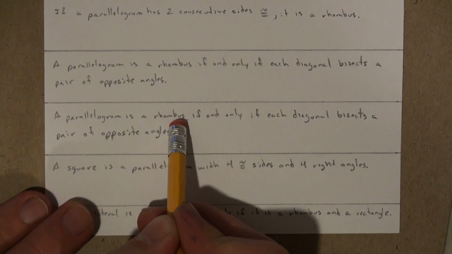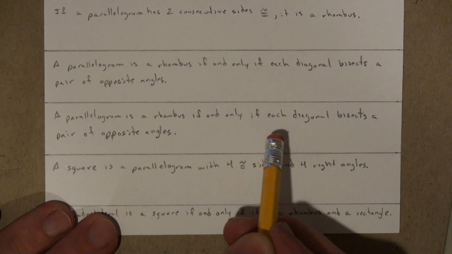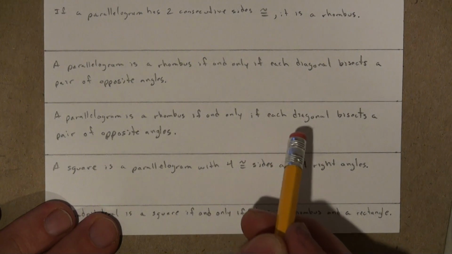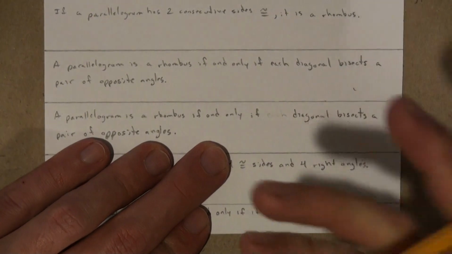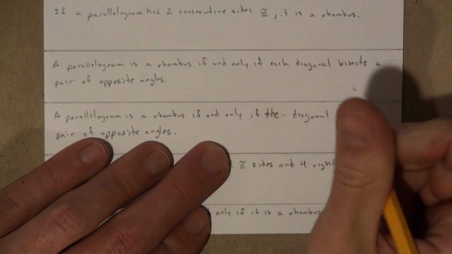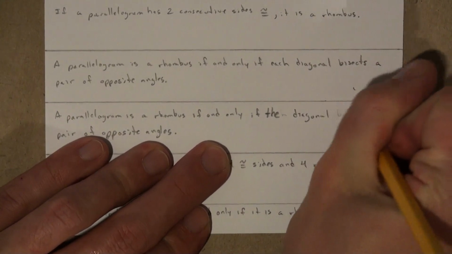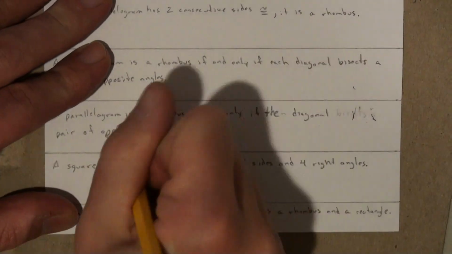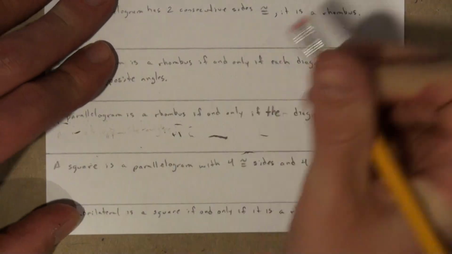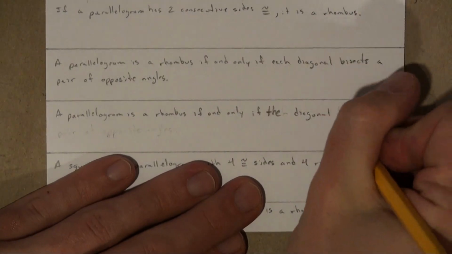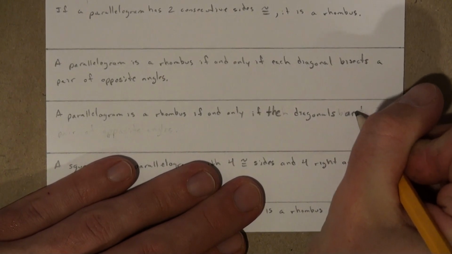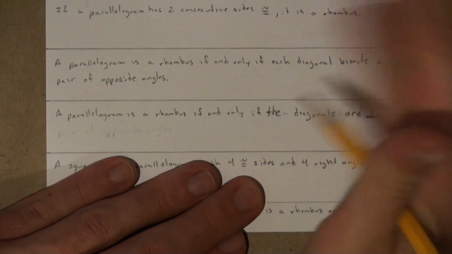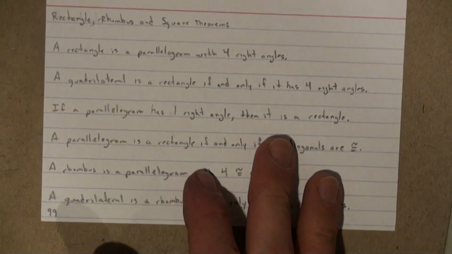So this third one should say a parallelogram is a rhombus if and only if the diagonals are perpendicular. Okay, so that's a change to make on card 99.